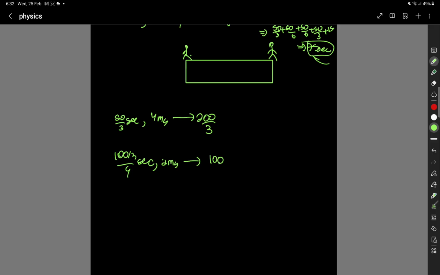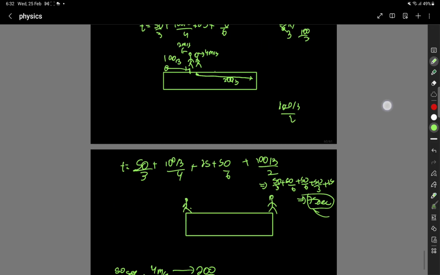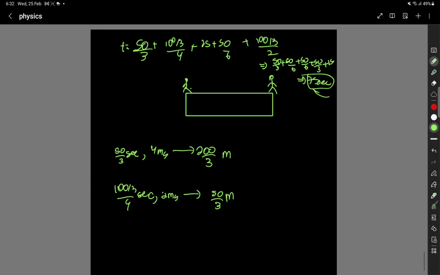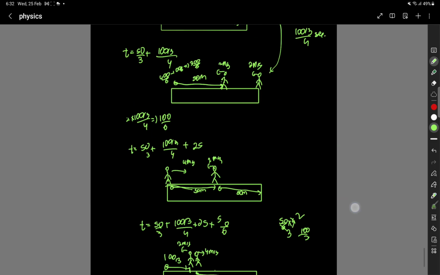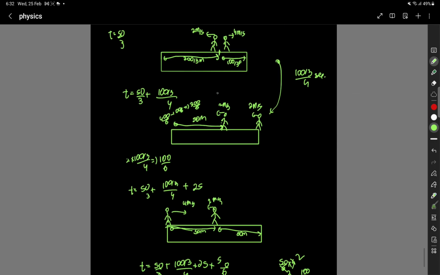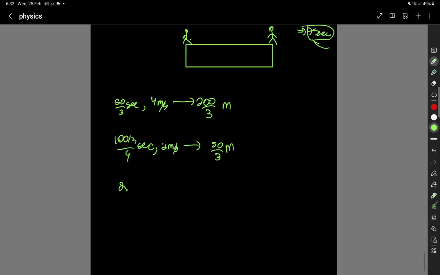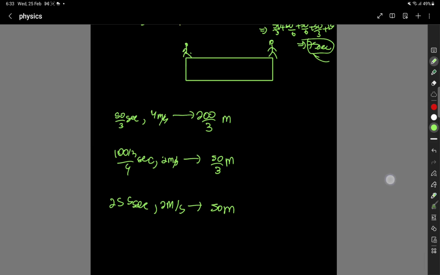This corresponds to 150 by 3 meters. And then again for another 25 seconds he traveled at 2 meters per second. That comes out to be 50 meters.